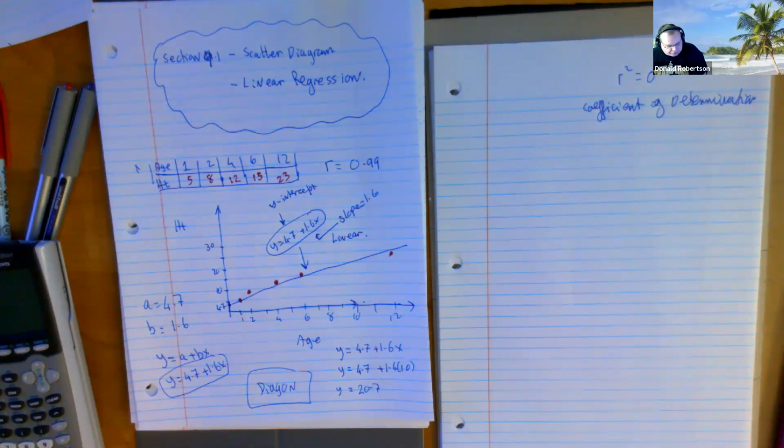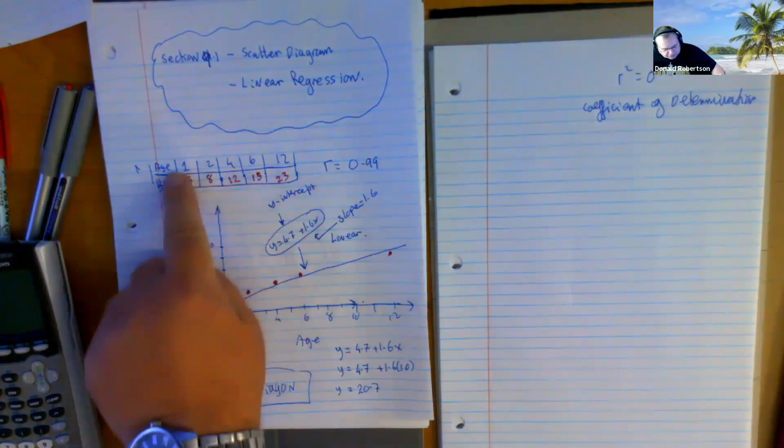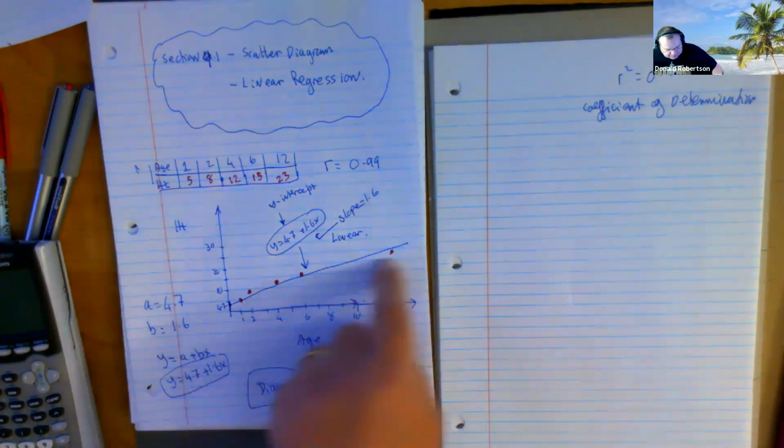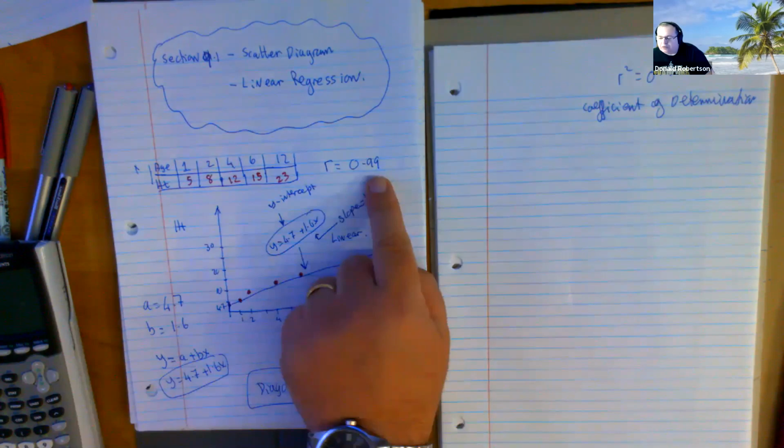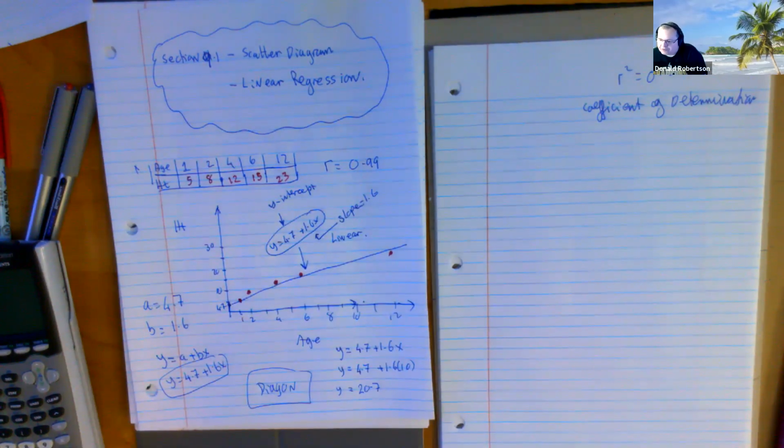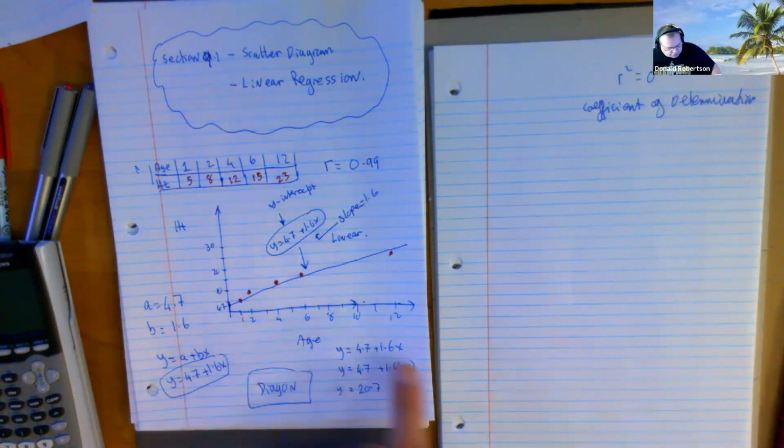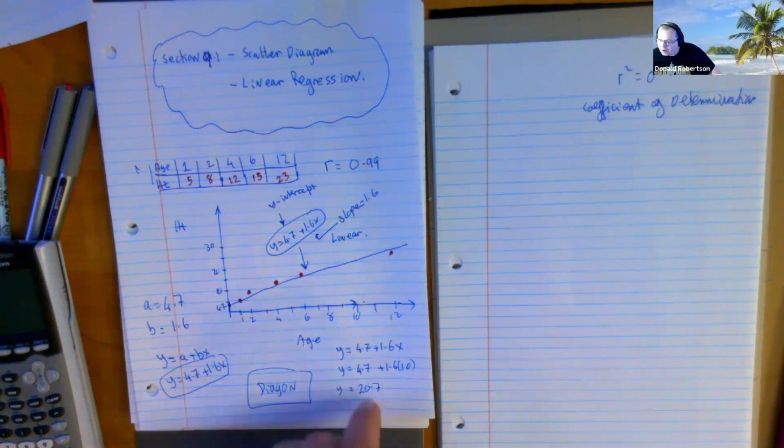So we've got this new technique where you've got data that ends up being some type of line. We get an R value that tells us how good a fit it is. A number really close to 1 or -1 is a really good fit. We can find the equation of the line from our calculator, and use that equation to predict what value a certain thing would be.